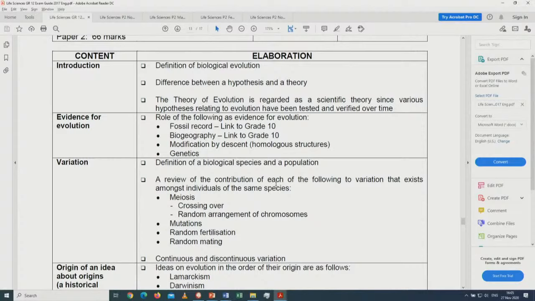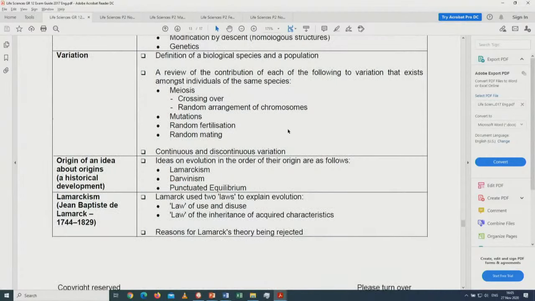The very first thing that we see from our examination guideline: we need to define biological evolution, differences between theory and hypothesis, and we need to go to evidence of evolution and differentiating between a biological species and a population, and factors or sources of variation, which include meiosis, crossing over, random arrangement of chromosomes, mutations, random fertilization, and random mating.